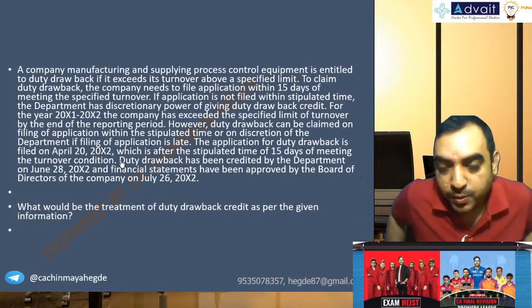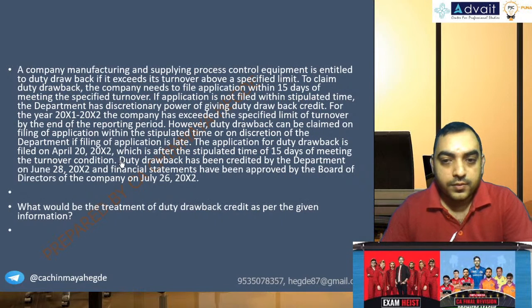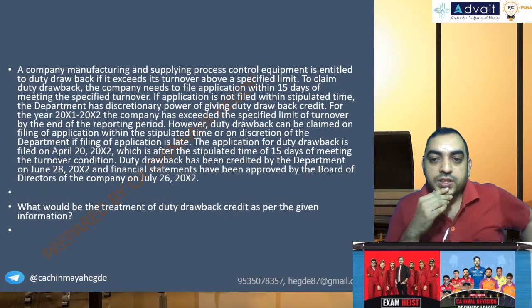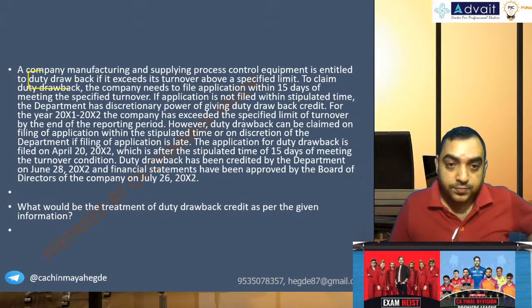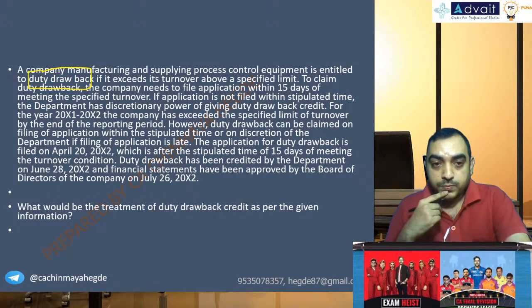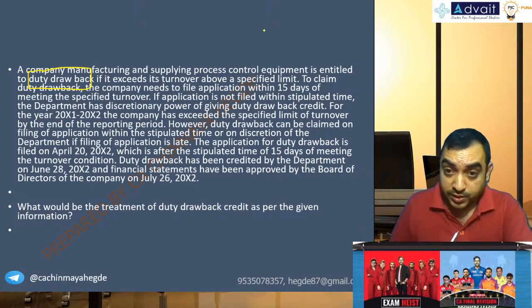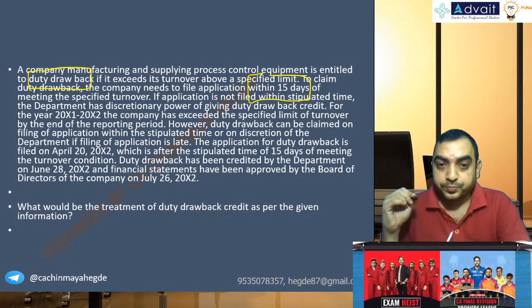Okay, let's go to this problem. A company manufacturing and supplying process control equipment is entitled to duty drawback if it exceeds turnover above a specified limit. To claim the duty drawback, the company needs to file an application within 15 days of meeting the specified turnover.